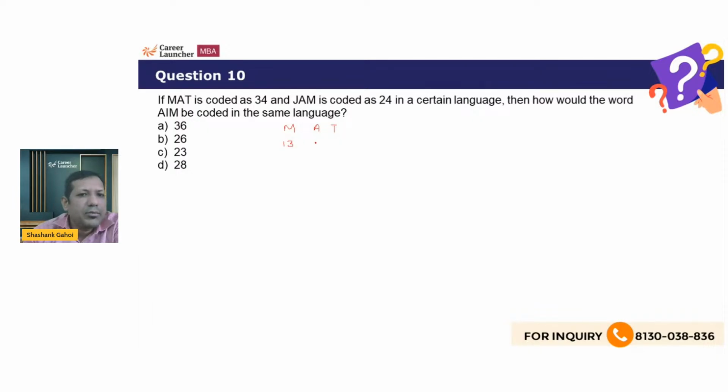M is 13, A is 1, T is 20. What is the coding? 34. So what is the sum? 34.